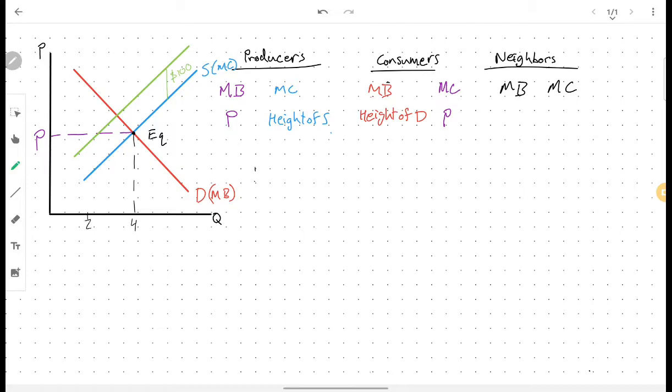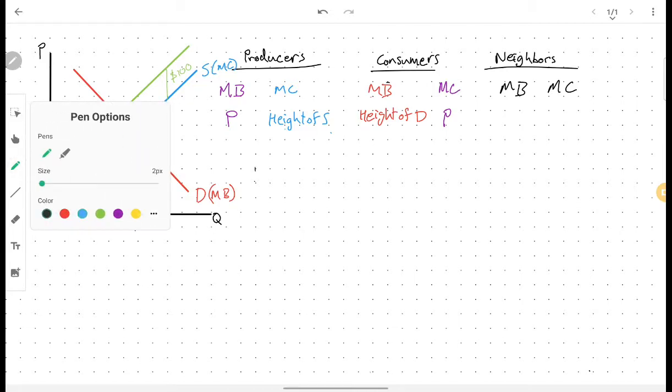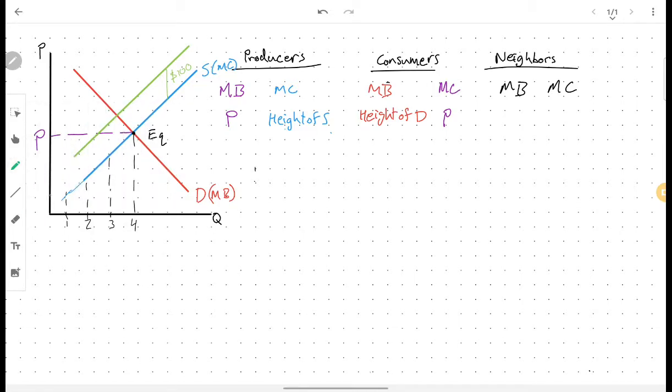So there's 2, 3, 1. I probably should have lined it up with the grid. Sorry about that. And let's put in numbers here. We're going to need some blue added to this. Okay. And we need the prices now.